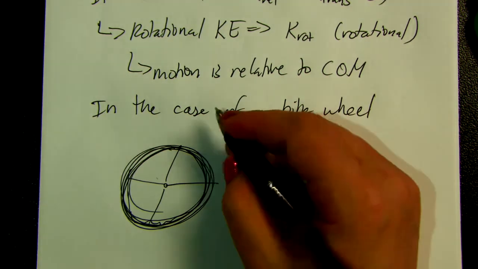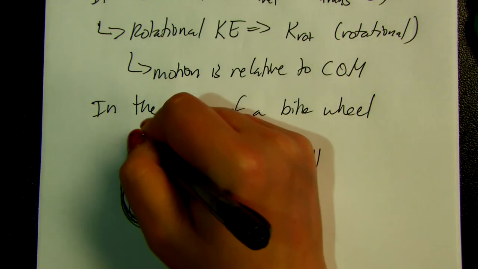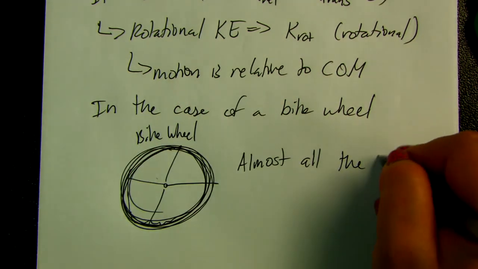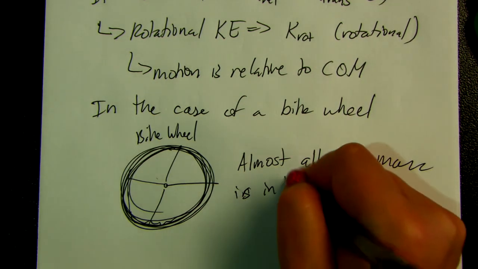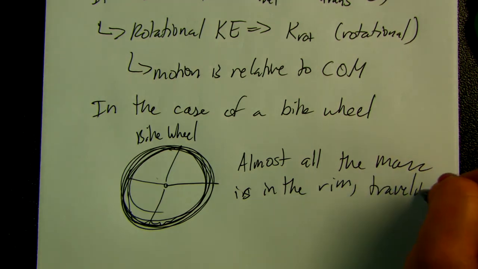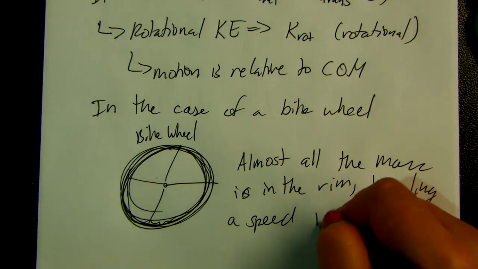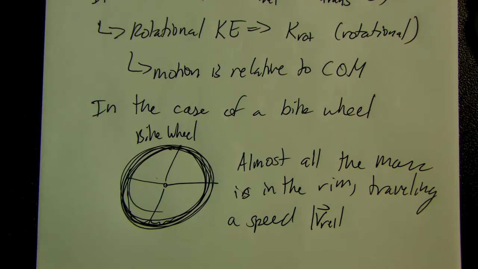Okay, so almost all the mass is in the rim, traveling at speed v-rel.